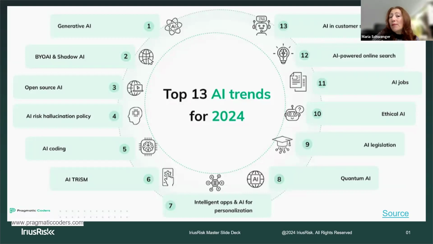So then we have open source AI. Yes, the open source models are more transparent, more flexible, customizable, probably more cost effective. And I read somewhere that by 2026, 86% of businesses are expected to incorporate some type of open source AI model into their stack.